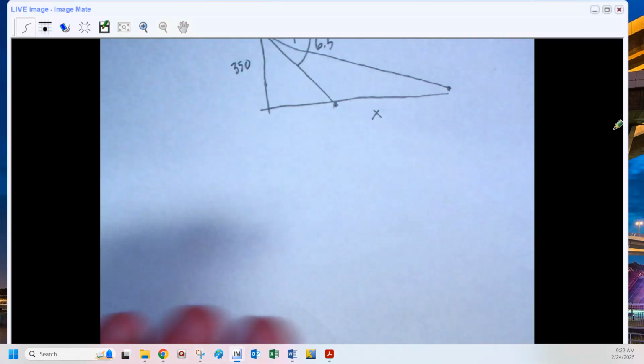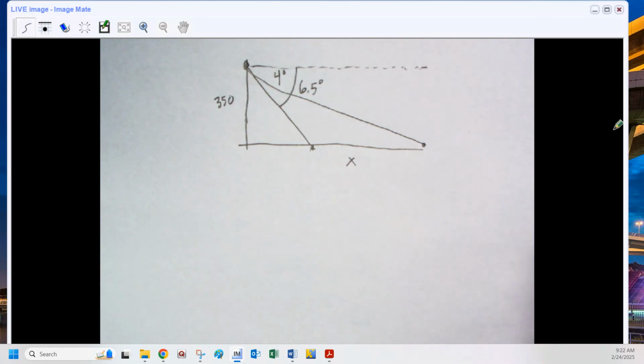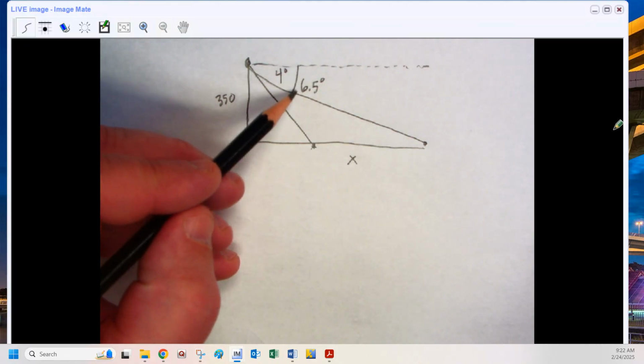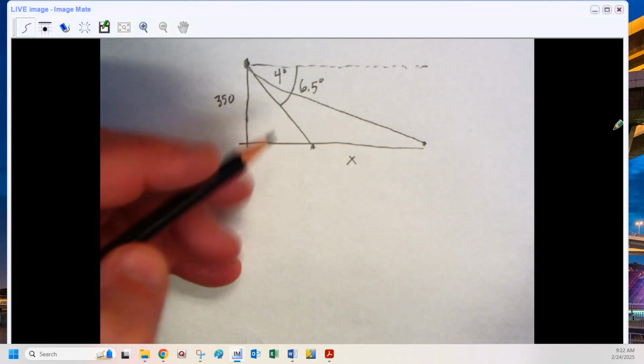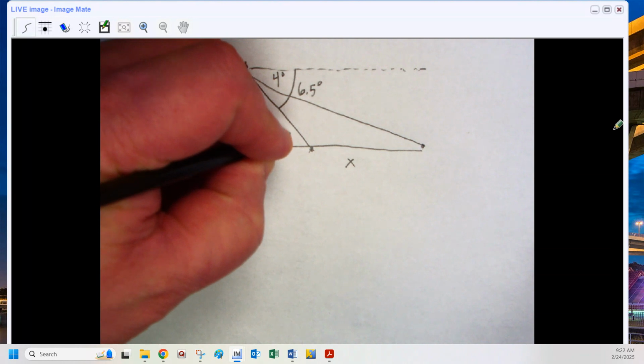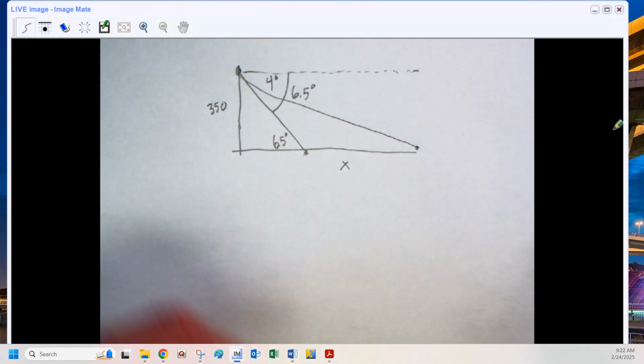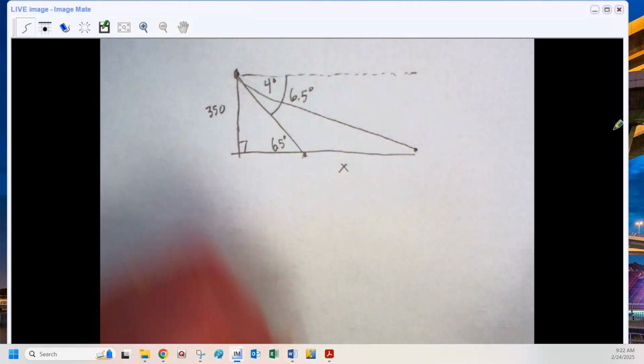Okay, so let's get this book out of the way here. So, if this angle is 6.5 degrees that I'm pointing at with my pencil, then it follows that this angle is 6.5 degrees because alternate interior angles of parallel lines cut by a transversal are congruent.